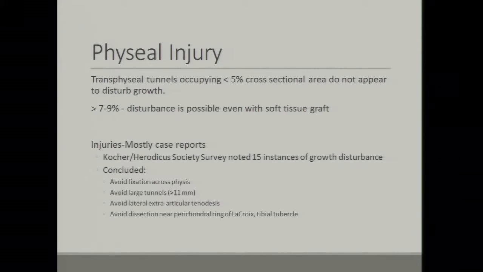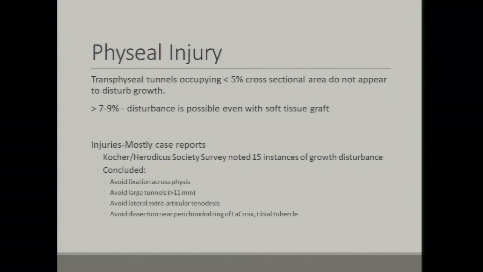So I'll get into some of these things that I mentioned here. But in a survey of very experienced knee surgeons, they noted about 15 remembered incidences of growth disturbance after an ACL reconstruction. And just anecdotally, what this group came up with was avoiding fixation across the physis, which makes sense from the tethering perspective.